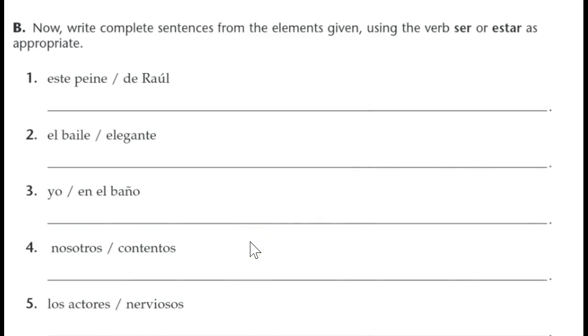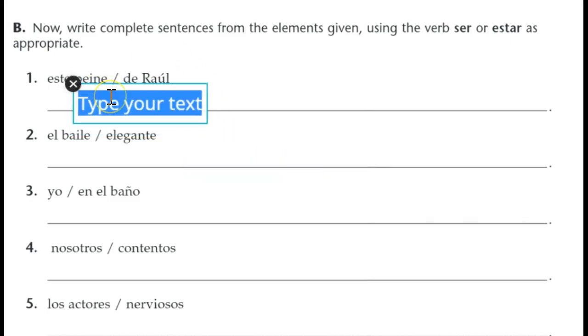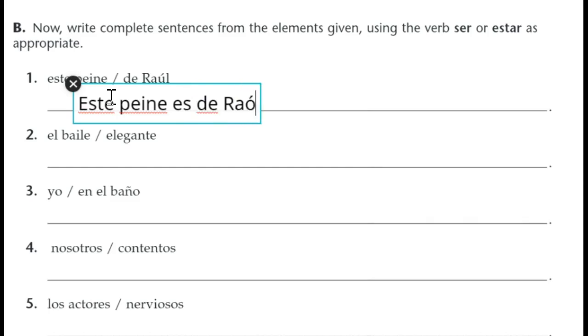Part B, right? Complete sentences from the elements given using the verb ser or estar as appropriate. So este peine, you want to say that it belongs to Raúl, no? Este peine es de Raúl. Es de Raúl.